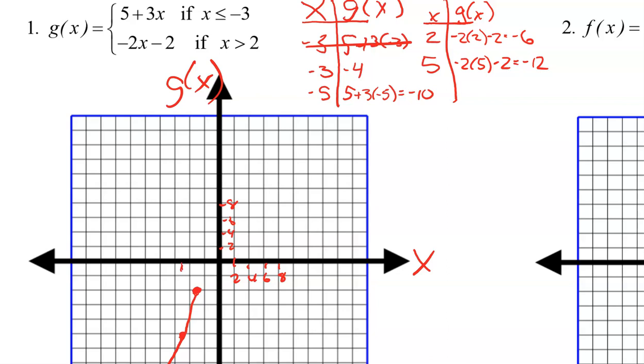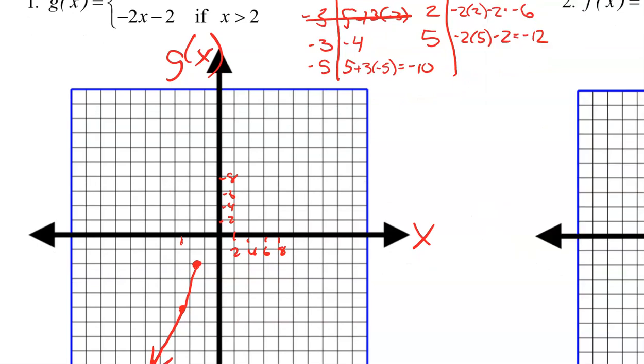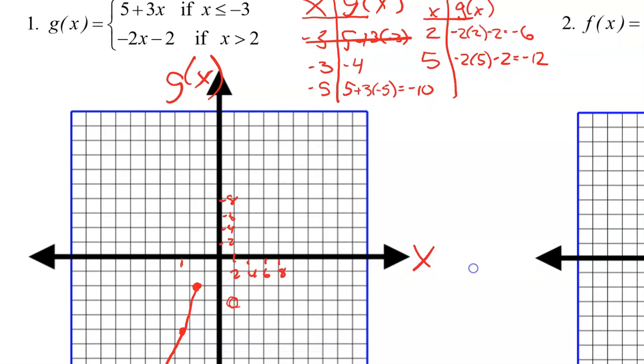And then when x equals +2, g of x equals -6. Here we're drawing an open circle because the domain does not include the value of x equals 2. It's only 2.00000, however many zeros, 1 and bigger.